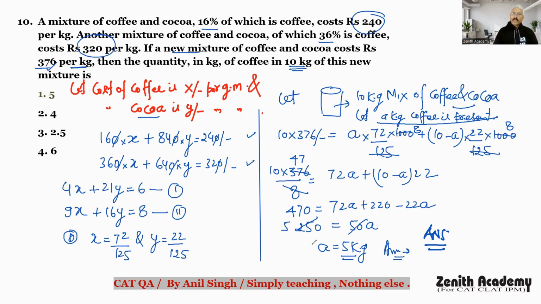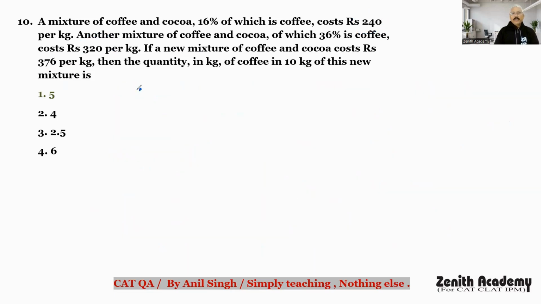Let us take one quicker approach. In the first mixture, coffee is 36%. The cost of the mixture is 240 rupees.